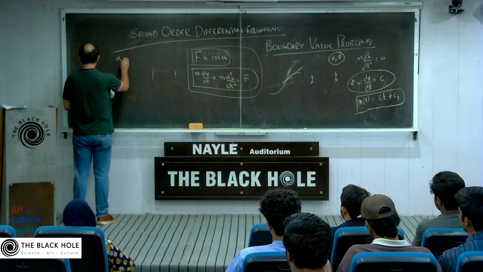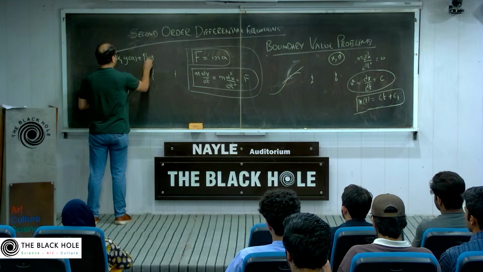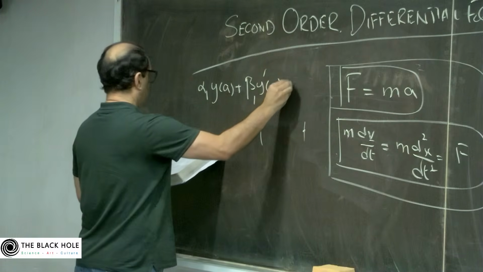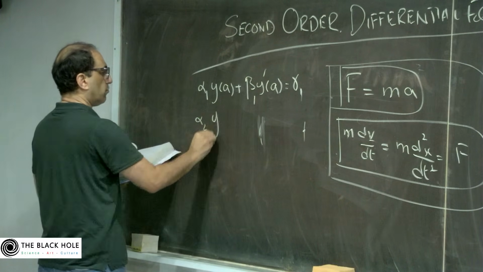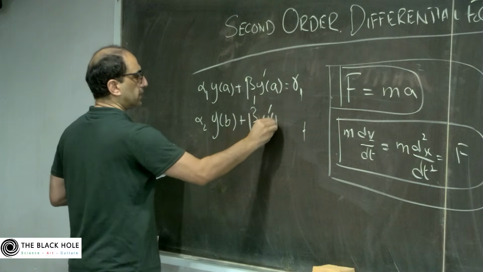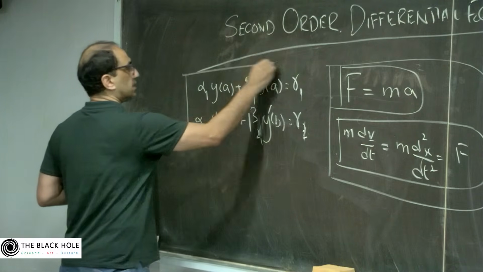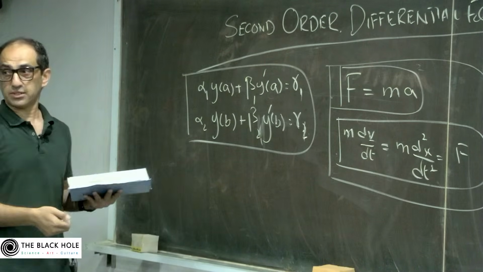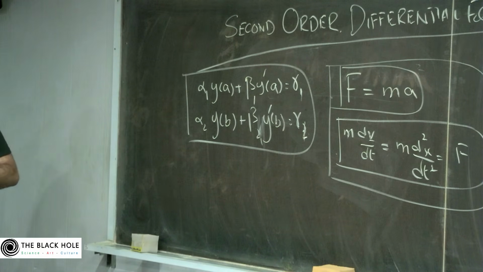So alpha 1 y of A plus beta 1 y dash of A is equal to gamma 1, and alpha 2 y of B plus beta 2 y dash of B is equal to gamma 2. As you can see, all the possibilities that we have just discussed are present in these general boundary conditions.